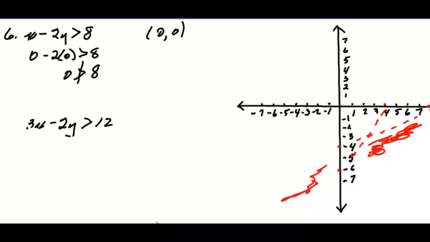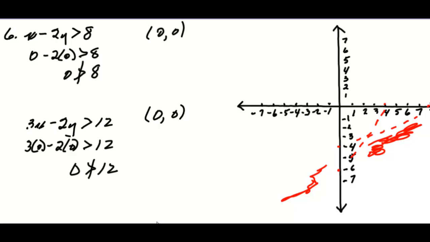But now let's take a look at the second one. We do the origin. We have 0, 0. And 3 times 0 minus 2 times 0 is greater than 12. Is 0 greater than 12? And the answer to that is no, it's not either, which means again we're going to shade away from the origin. But now it is to the right of that equation, and it's down in here.